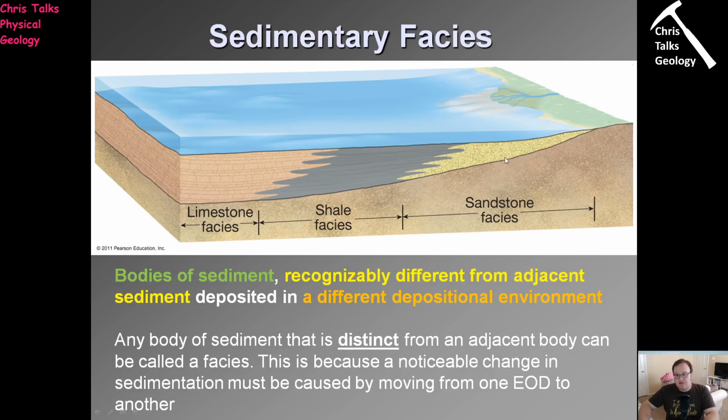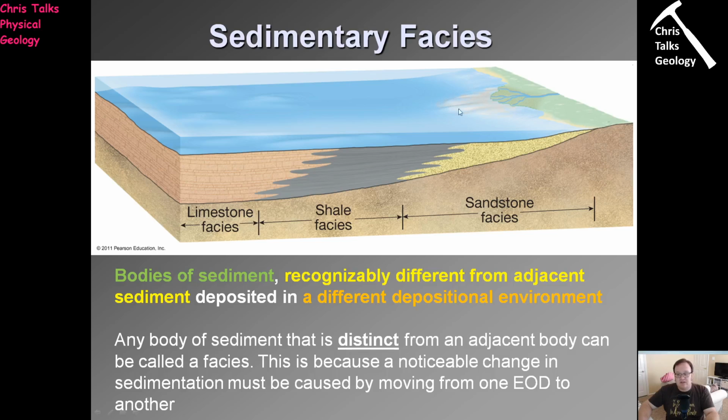So what you can see is that for each of these different areas, we have a distinct zone, essentially a distinct environment, which is going to produce distinct rocks with distinct structures, distinct compositions, and of course, distinct fossils. And so we can identify them from one another.